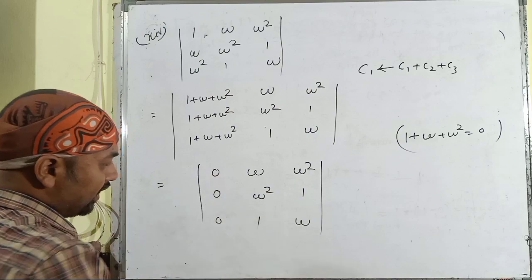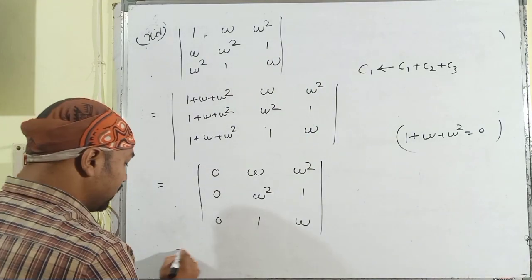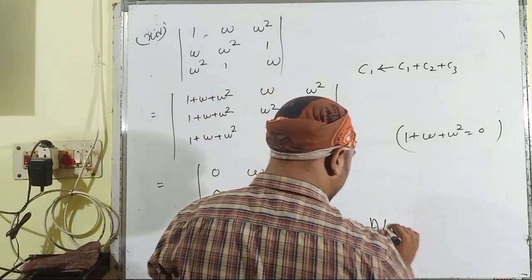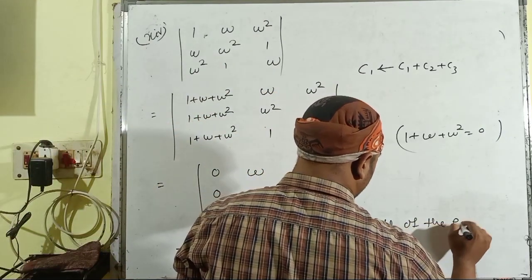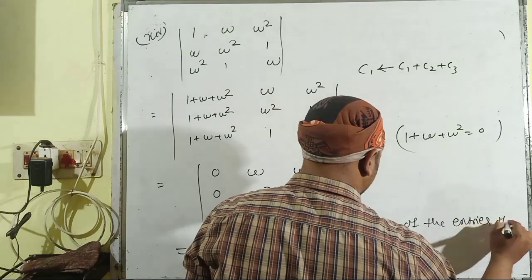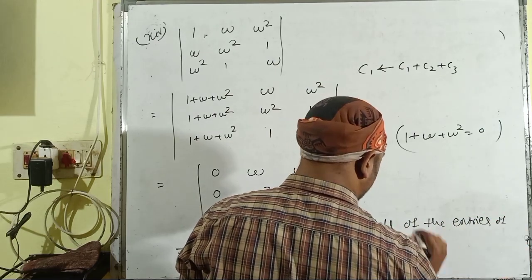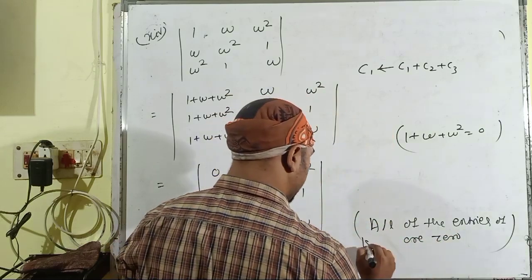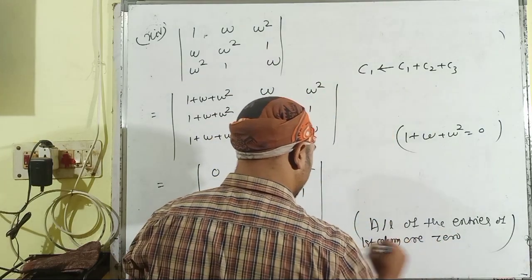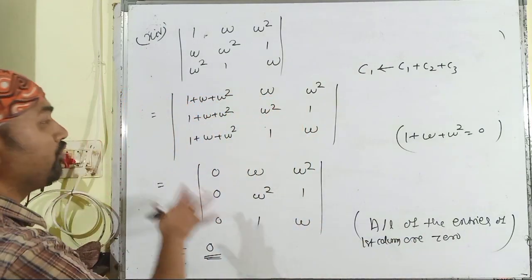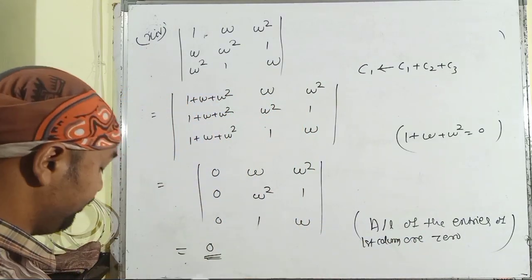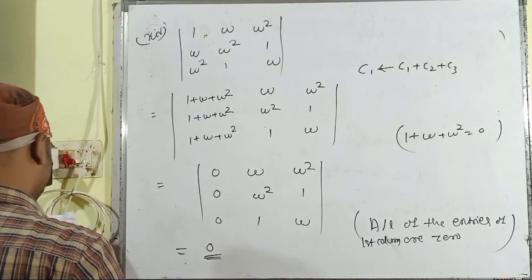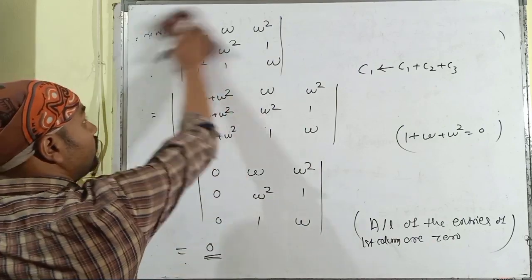As all of the entries of the first column are 0, hence the value of the determinant is equal to 0. Then moving towards the next bit, and that is the 15th bit.